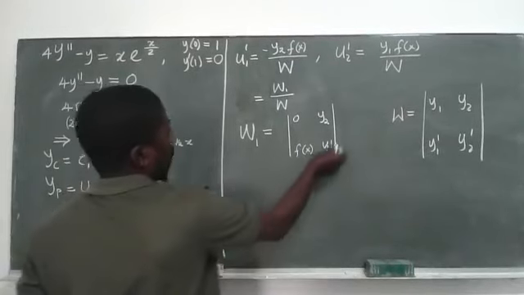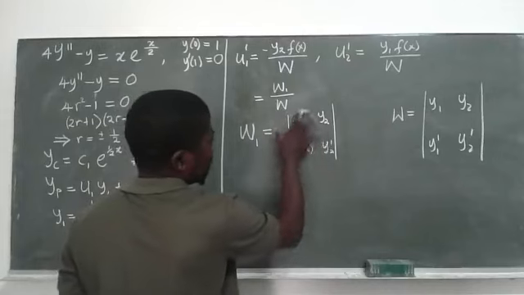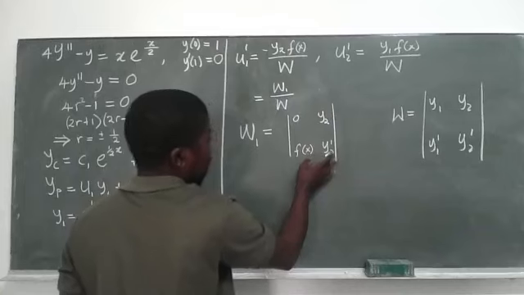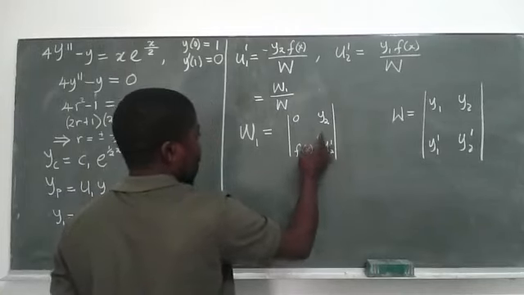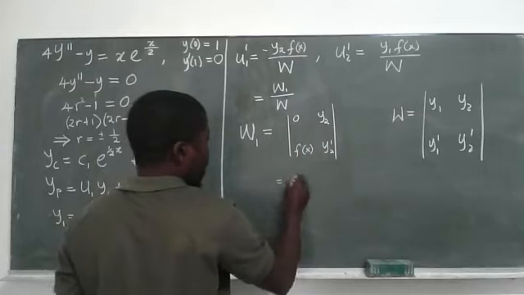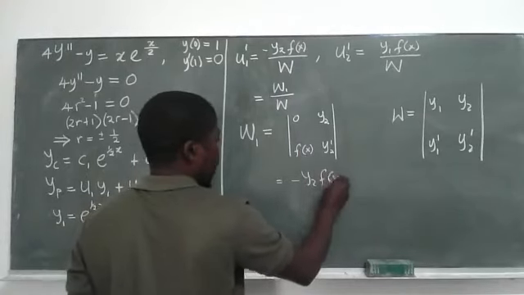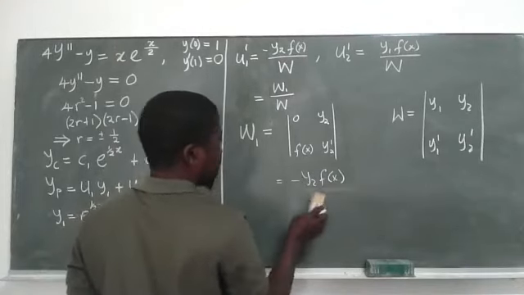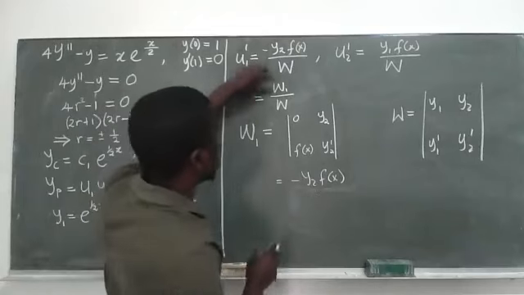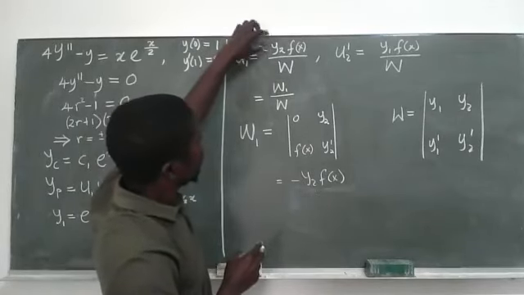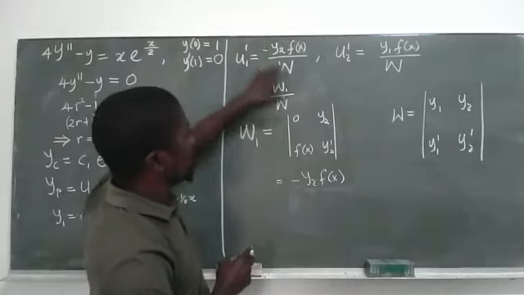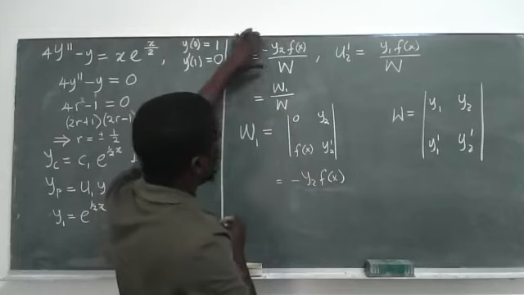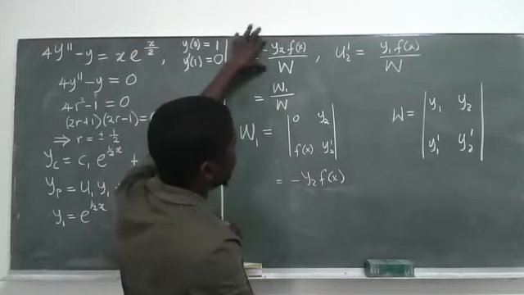So let's simplify: 0 times that becomes 0, minus this times that. So you end up with minus y2 f of x. So Wronskian 1 is just this. Instead of writing Wronskian 1, we have the actual expression on top. So instead of using these fractions, Wronskian 1 over Wronskian, we just pick that. These two are equivalent statements.